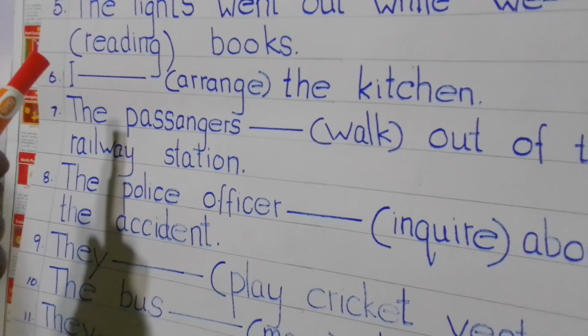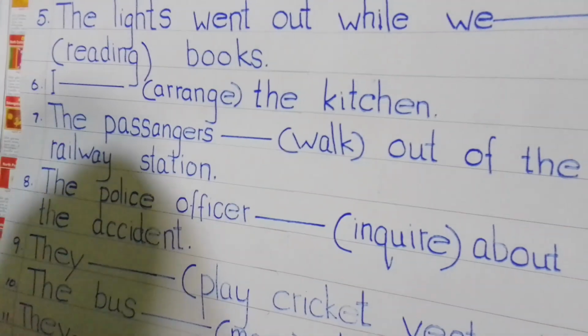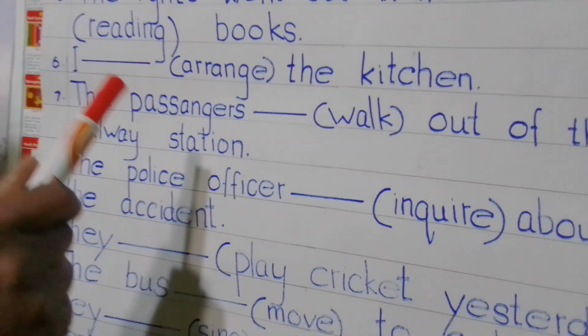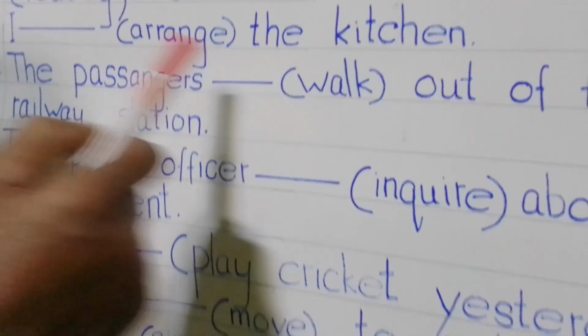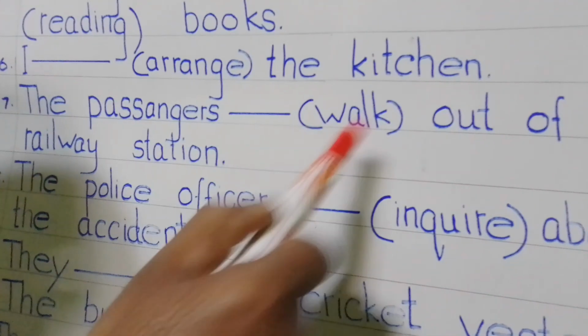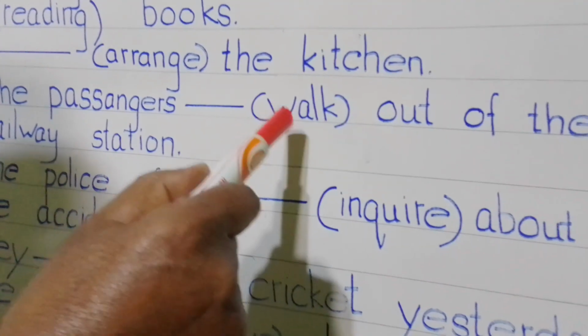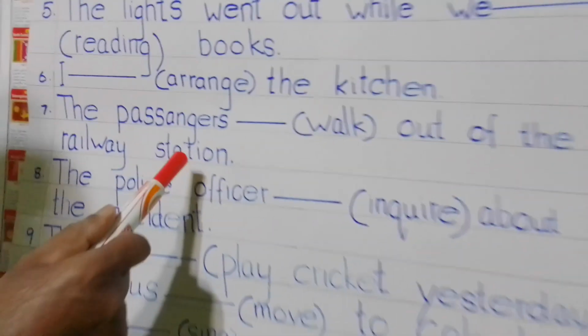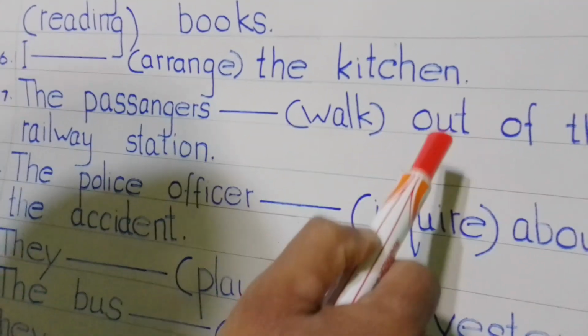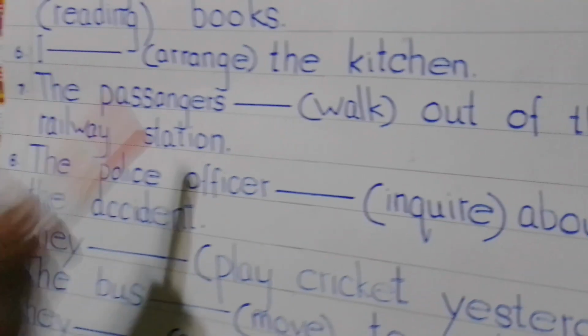I was arranging the kitchen. Next one, the passengers. It is plural. Therefore, you have to use the auxiliary verb were. The passengers were. We have to write the verb walk. You have to write it as walking. The passengers were walking out of the railway station.